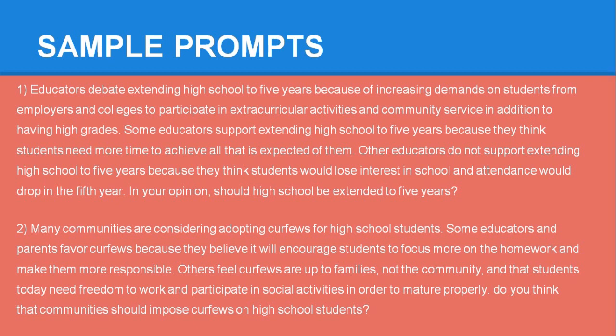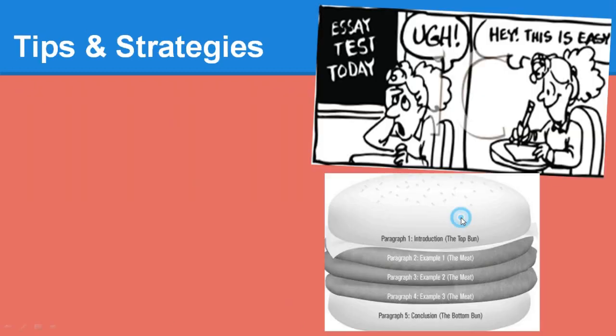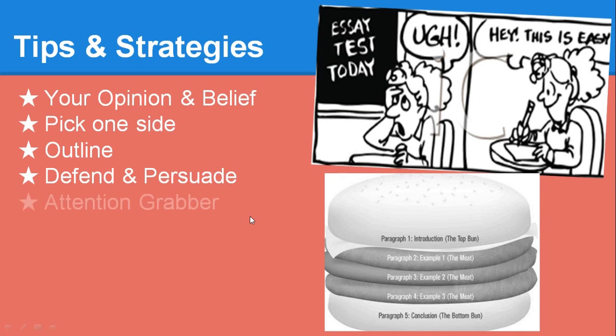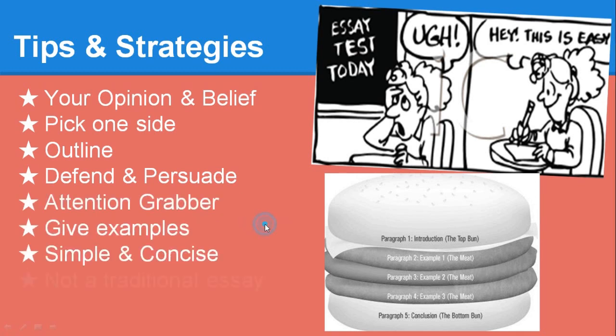So some tips and strategies for approaching the writing section: it's your opinion and your belief. Do not try to come up with some perfect answer, because all they want to hear is what you believe in, or which side you would go in.